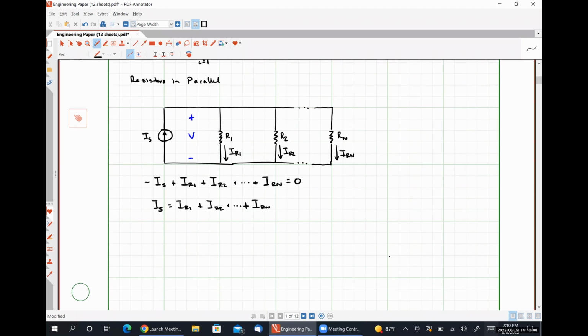And then I'm going to use Ohm's law to express all of these resistor currents in terms of the common voltage V. So we'll have V over R1 plus V over R2 all the way out to V over Rn.